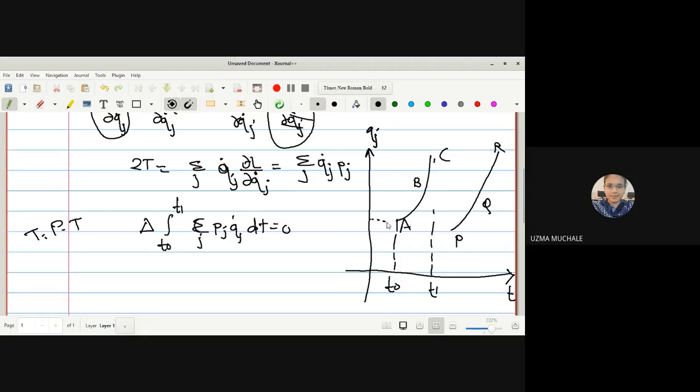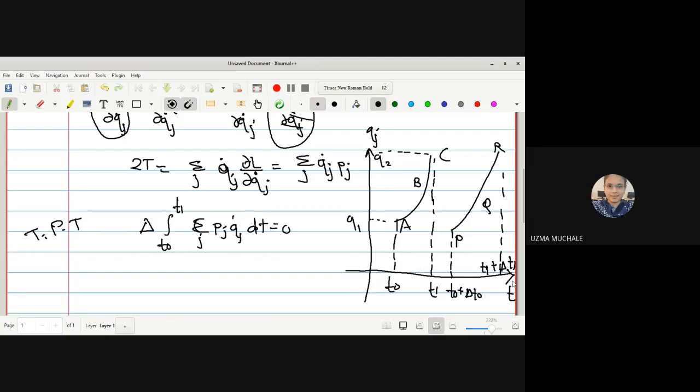This is the value of Q1 here, and here is Q2. And this is T naught plus something, which we can write as T naught plus delta T naught. Similarly, here we can write T1 plus delta T1 for the endpoint.